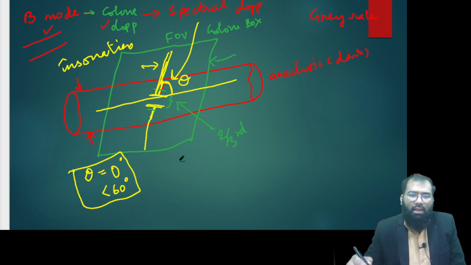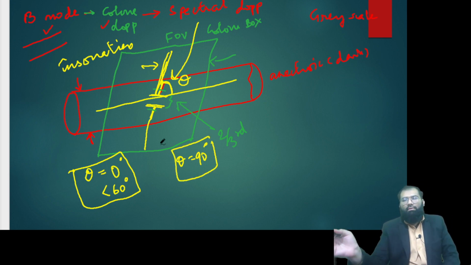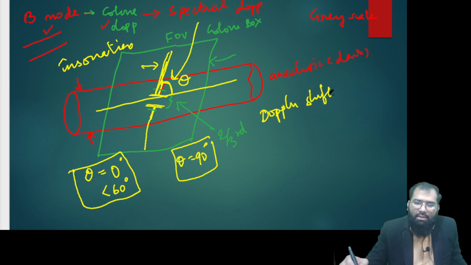Now if theta becomes 90 degrees, then ideally, theoretically speaking, it should not show any color flow, because the Doppler shift is directly proportional to cos theta, that is, cos of the angle between them.